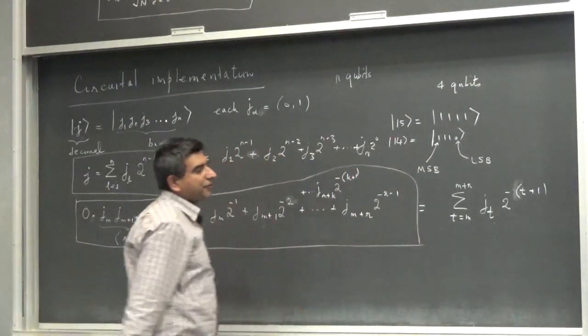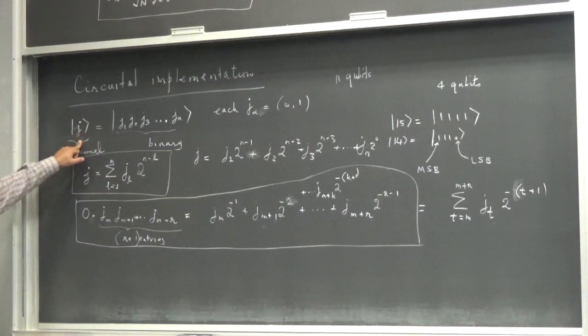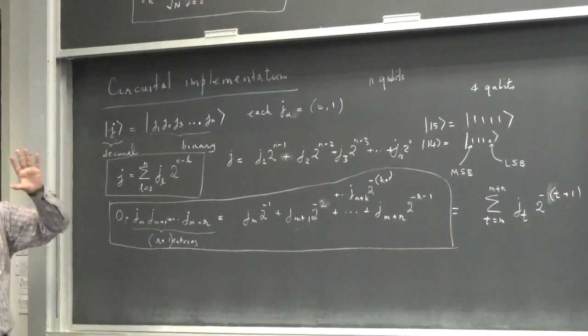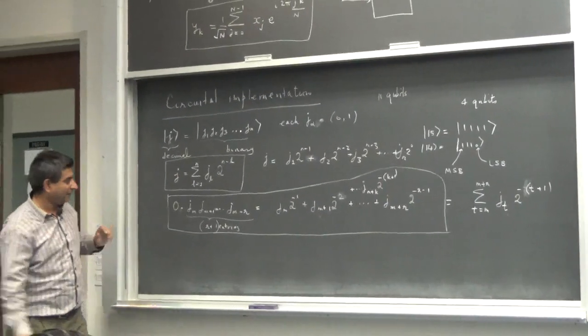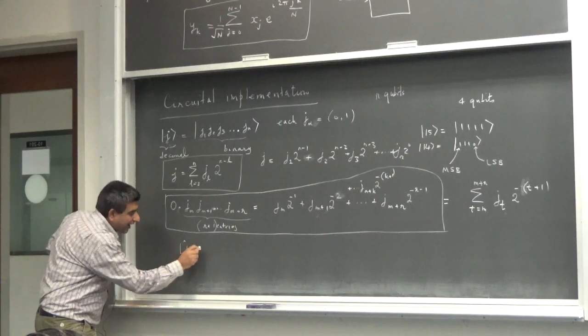So now what I would like to do is to see what happens when the Fourier transform acts on the state ket j. My idea is that I would like to implement this in circuit form. So I want to find out what happens when U_Q acts on j.